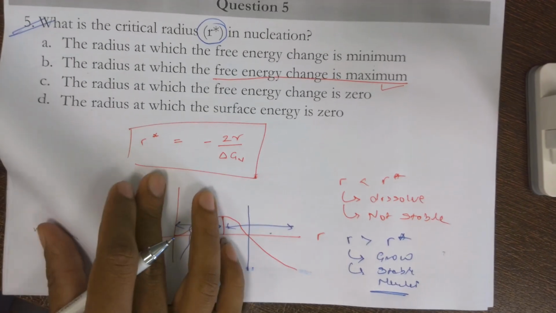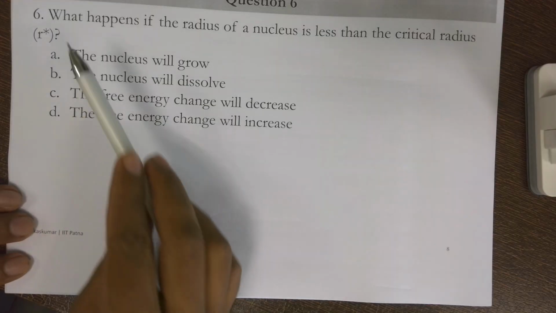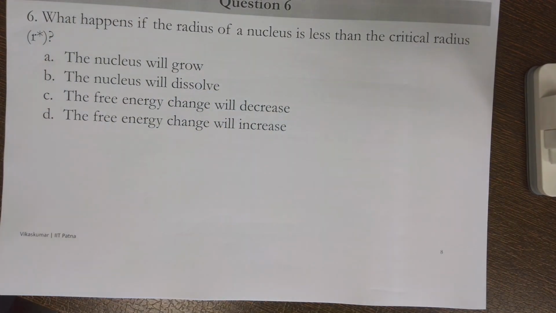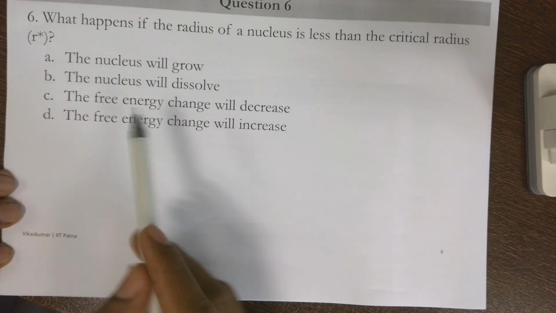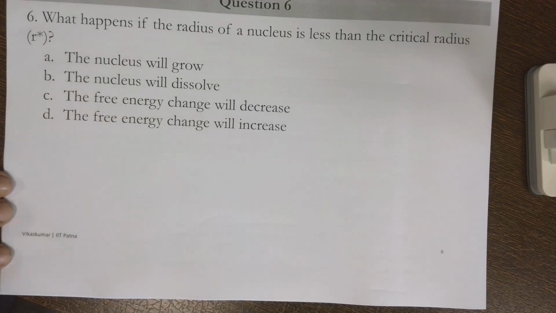Very good. Let's go to the next part, question number 6. What happens if the radius of the nucleus is less than the critical radius? We just now discussed this, so we can quickly answer. It will grow, it will dissolve, the free energy change will decrease, the free energy change will increase.